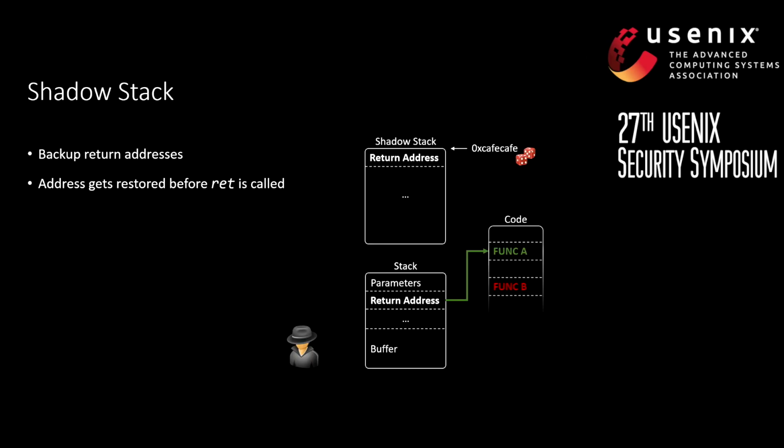Just as a small example, there is a very popular mitigation technique called shadow stacks. What a shadow stack basically does is it backs up all the return addresses from the stack to its safe region and restores these return addresses once you have a return from a function. This works like this. So we could fix the attacker's malicious input.